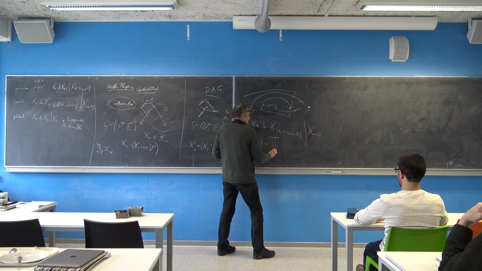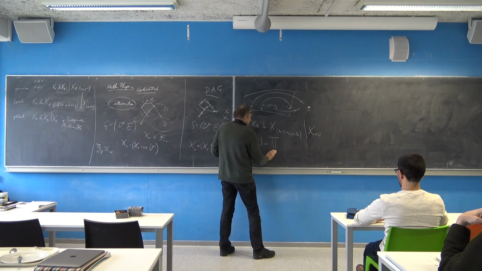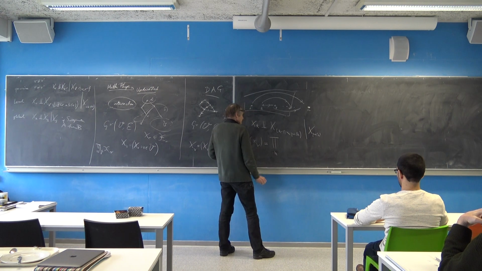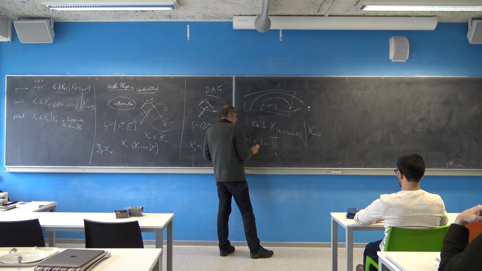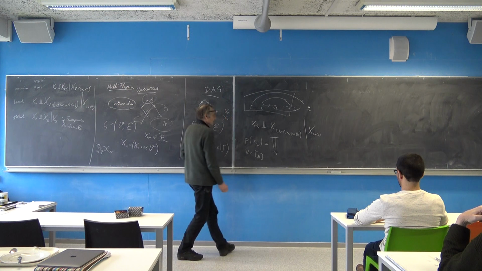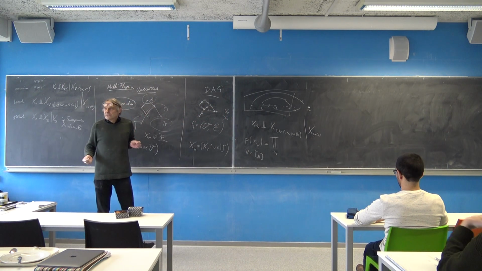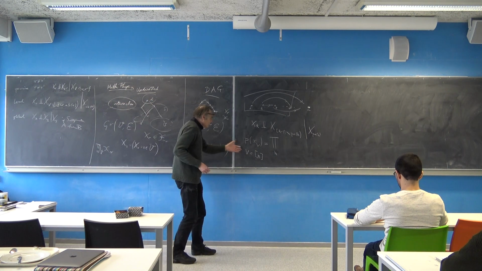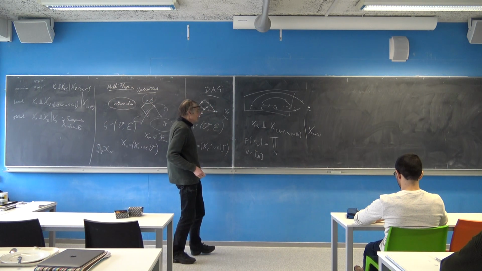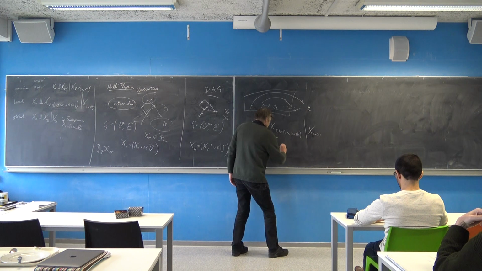Product from 1 to n of, yeah, so v is now n. I've labeled variables in a convenient order, in an order respecting the order in the graph.